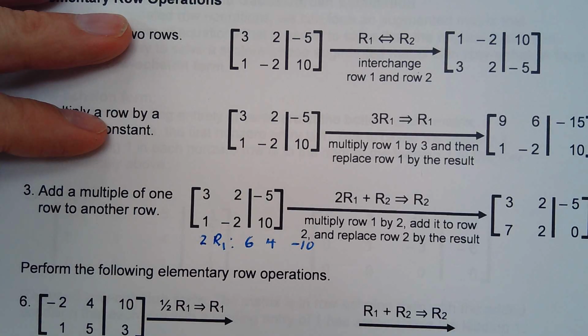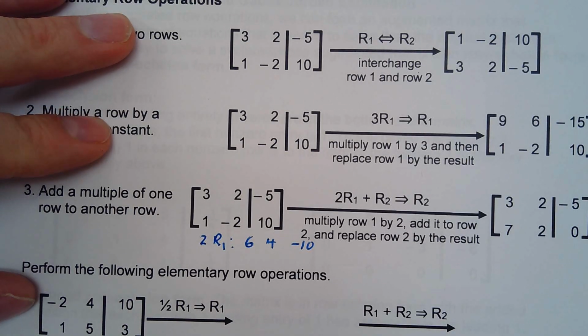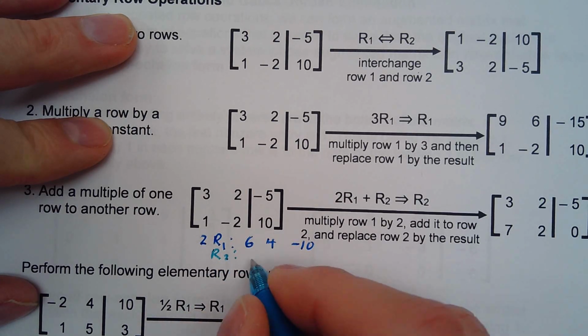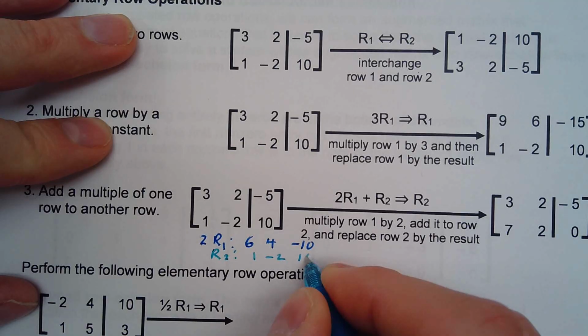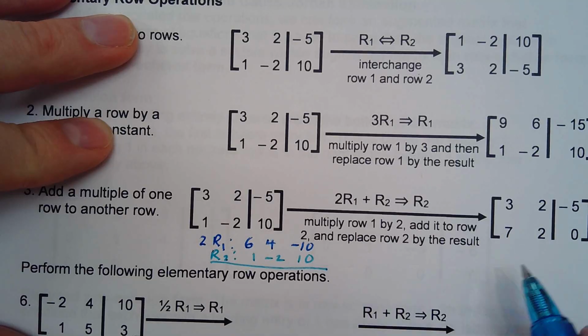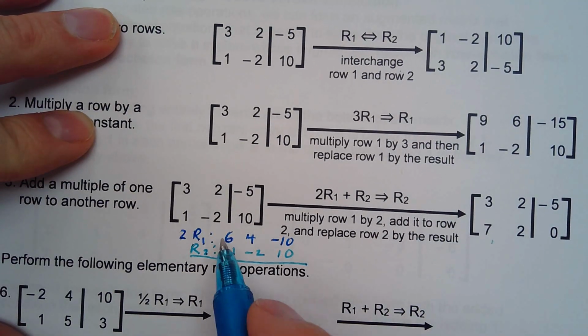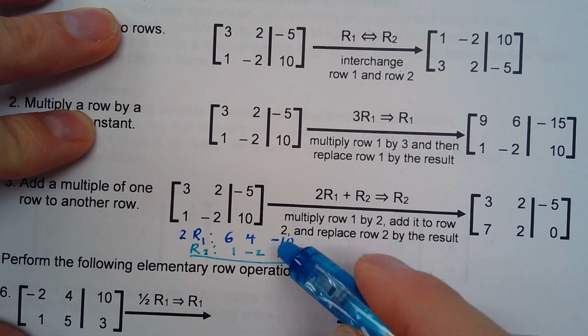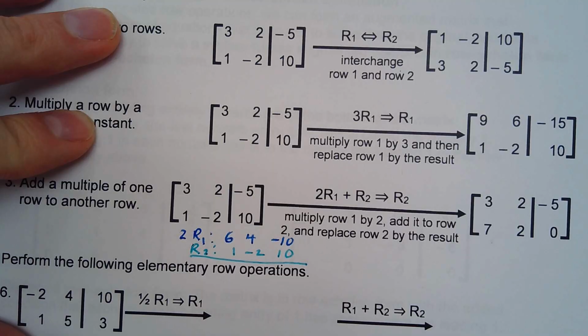And then I put my row number 2 underneath it: 1, negative 2, 10. When I add these up, 6 plus 1 gives me the 7. 4 minus 2 is 2. Negative 10 plus 10 gives me 0.